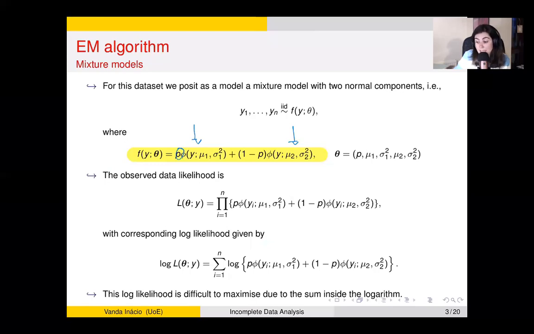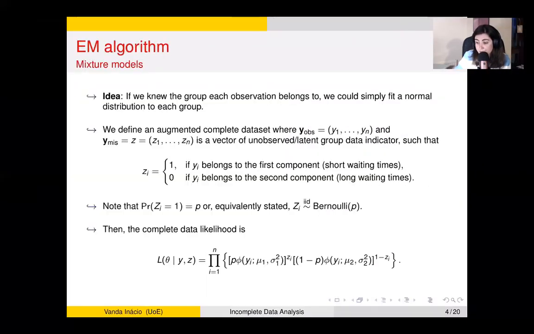The idea is: my main problem is that my likelihood, and by consequence my log likelihood, is not very analytically tractable if I want to maximize it or do the calculations analytically. But if I knew the group that each observation belongs to, then I could simply fit a normal distribution to each group, and I could simplify my likelihood.